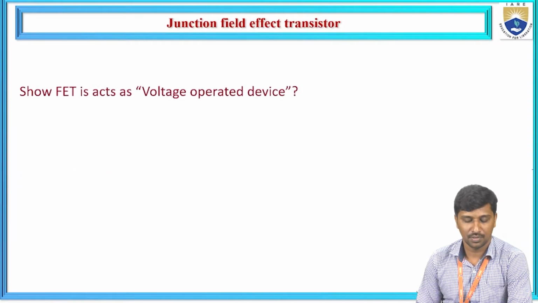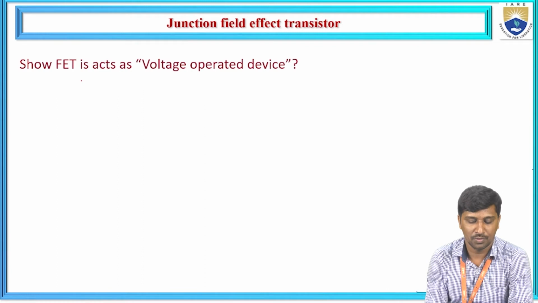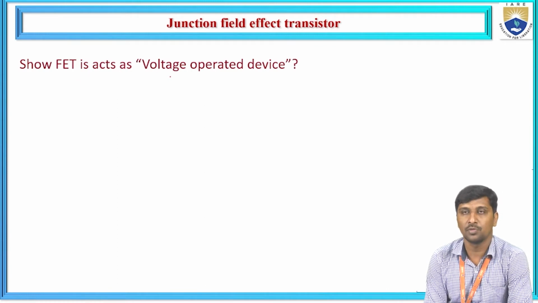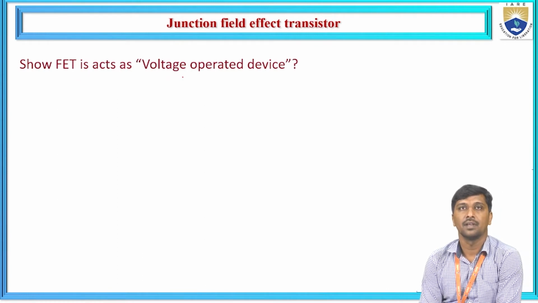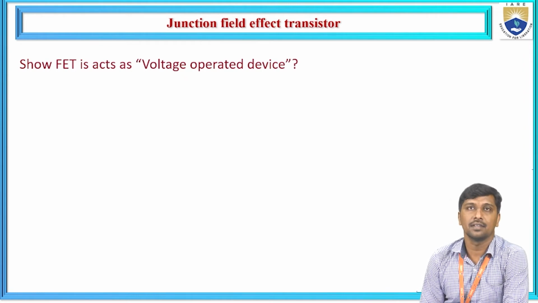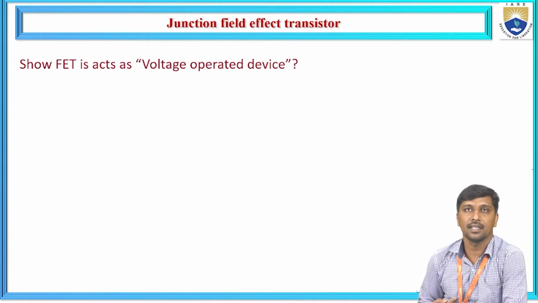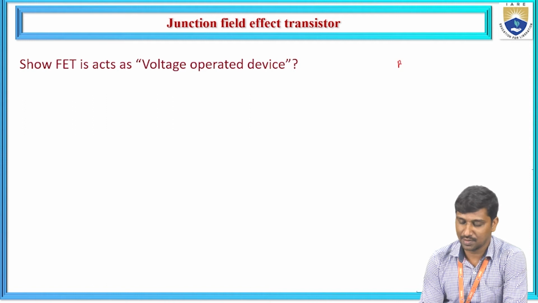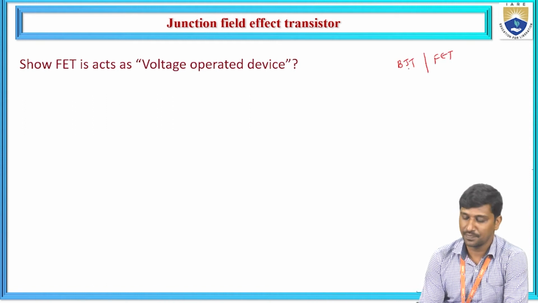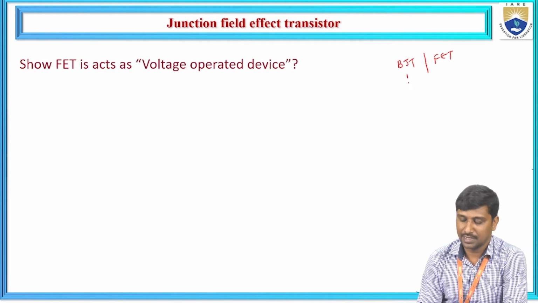The first definition is: the FET acts as a voltage operated device. How can we say that the field effect transistor acts as a voltage operated device? If you observe, we have two types of transistor: BJTs and FETs, field effect transistors. The BJT is called a current control device, and the FET is called a voltage control device.